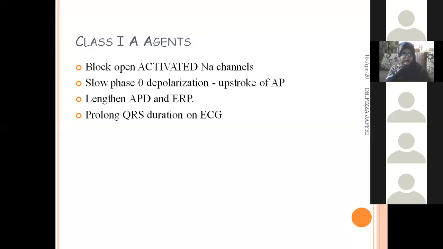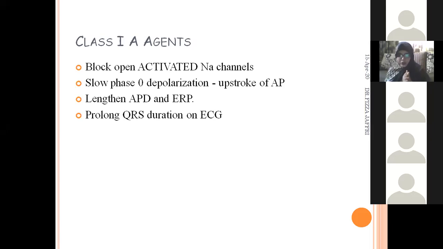Class 1A agents are a subclass of class 1, which is sodium channel blockers. Class 1A acts on open activated sodium channels. Once the sodium channels are open, it acts on those channels. It slows down phase 0, which is the depolarization phase. When it slows down the depolarization phase, it lengthens the action potential duration as well as the effective refractory period.